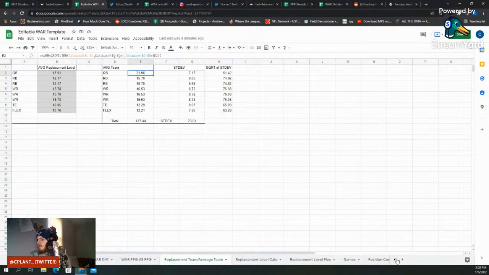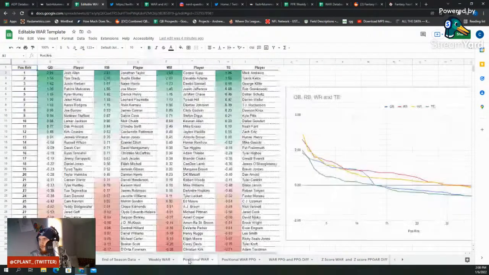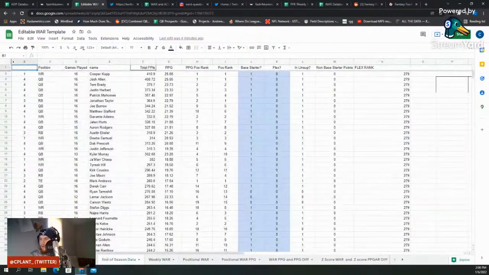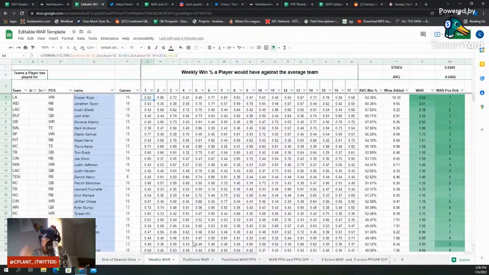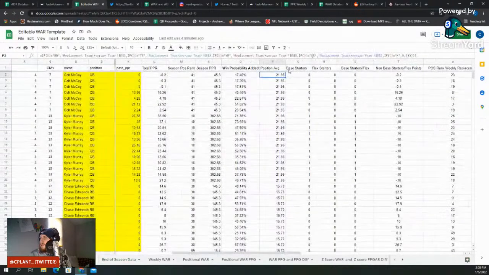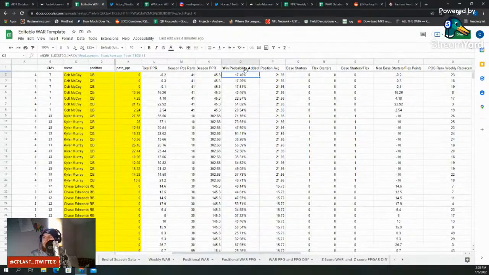Yeah, so it's a position average. So in weekly WAR, this right here is the win probability or win percentage against the average team, and this is how it's calculated. Let me get back to this. So it's basically just the points minus the position average of the starters.